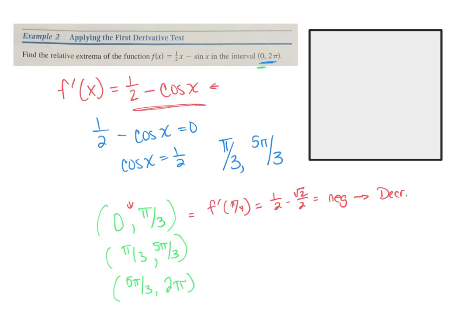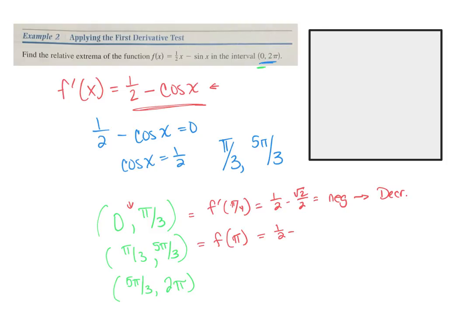If I plug in the next one, 5 pi over 3, and we pick a number in the interval, I think they picked pi here, right? From pi over 3 all the way to 5 pi over 3, anything in the interval, they just did pi. And that's easy, because we have 1/2 minus the cosine of pi.